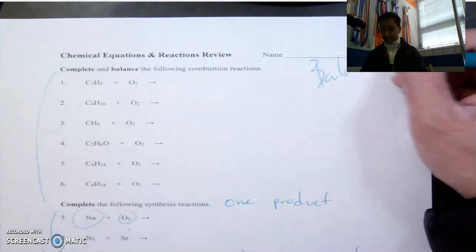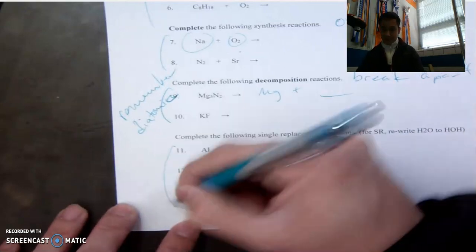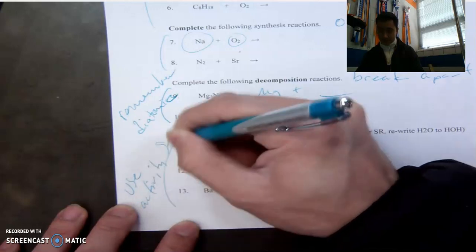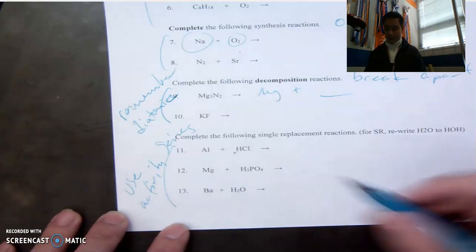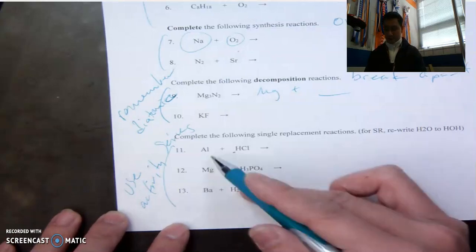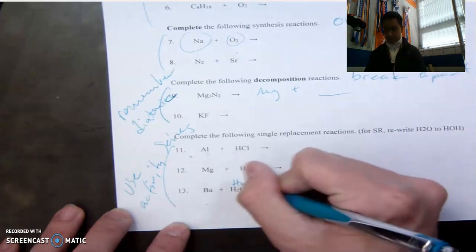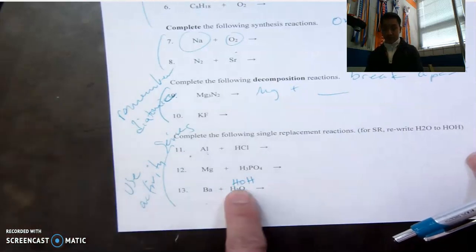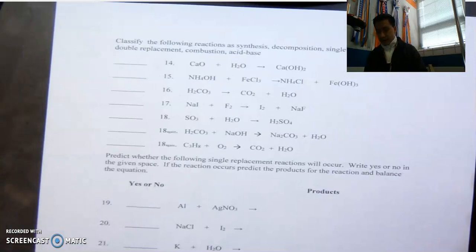Balance all equations here. Single replacement, 11 through 13, use activity series. Use the activity series of metals and of halogens. These are all metals, so that's nice. Remember H2O for single replacement, you write HOH, so it's easier to replace only the first H. 14 through 18, a bunch of 18s here.